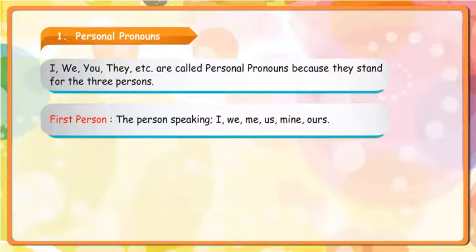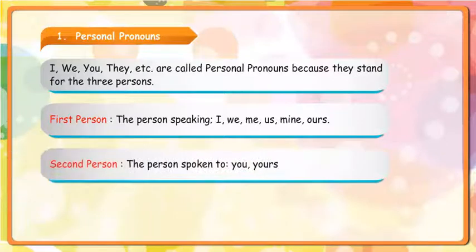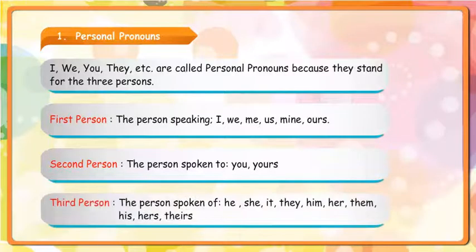First person, the person speaking: I, we, me, us, mine, ours. Second person, the person spoken to: you, yours. Third person, the person spoken of: he, she, it, they, him, her, them, his, hers, theirs.